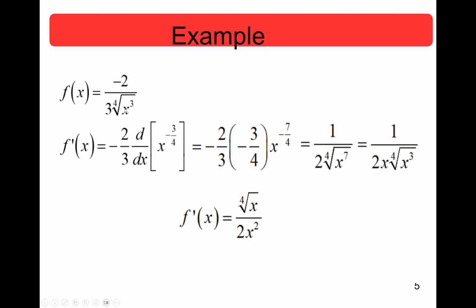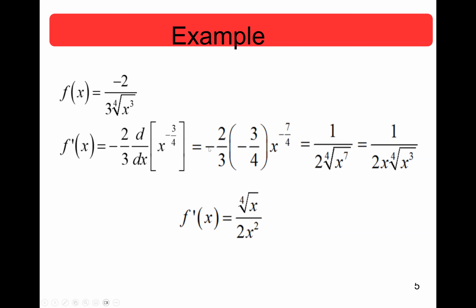Because we move the 4th root of x cubed to the top, to the numerator, so we change the exponent to negative. Here we can use the power rule, and we're going to get negative 2/3, then negative 3/4, x to the power negative 3/4 minus 1. Negative 3/4 minus 1 will give us negative 7/4.